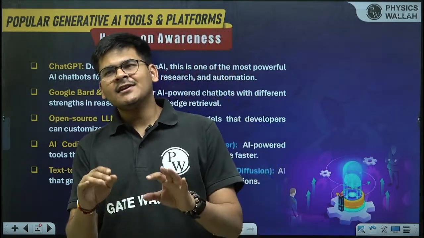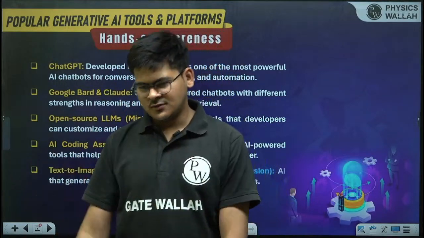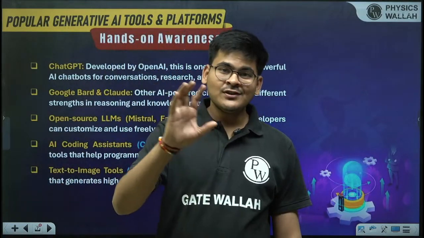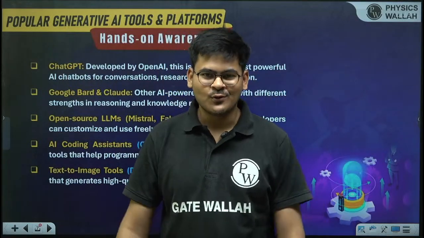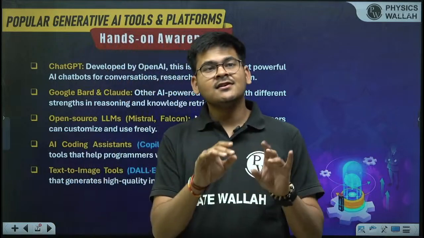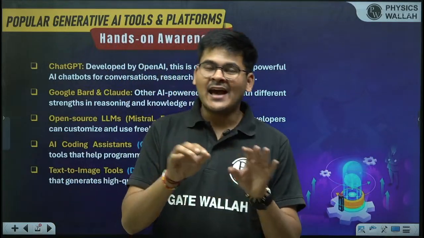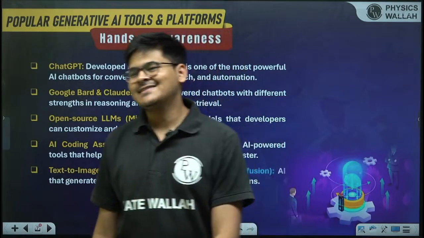Create an image where Aditya Jain sir is writing Python code. AI will take my image as input and generate that image for you. Just imagine, create an image where a lion is riding a bike, and it will generate such an image for you.